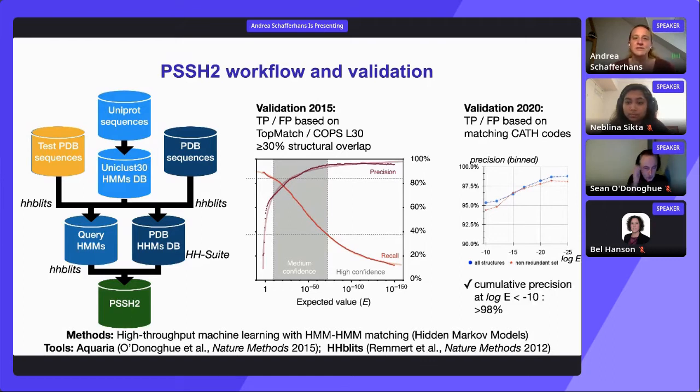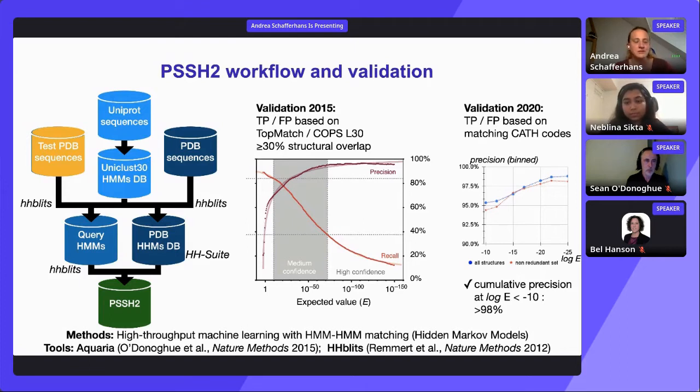And there we could show that if you take an e-value cutoff of 10 to the minus 10, in that bin around 10 to the minus 10, you still have approximately 95% of the matches that are really true positives. And if you take all the matches that are 10 to the minus 10 or better, then we have a cumulative precision of better than 98%.